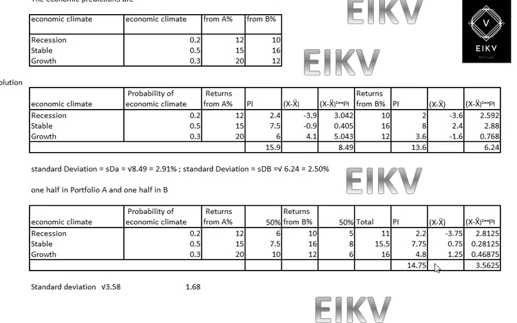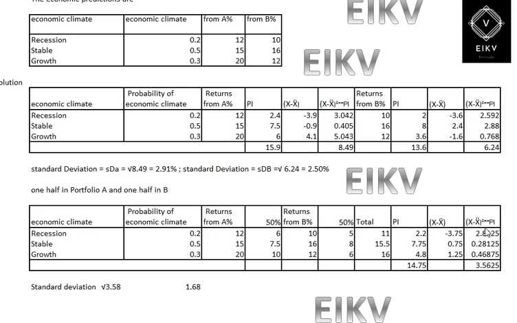After computing 14.75, which is the X bar, we need to compute X minus X bar: 11 minus 14.75 gives negative 3.75, 15.5 minus 14.75 gives 0.75, and 16 minus 14.75 gives 1.25.